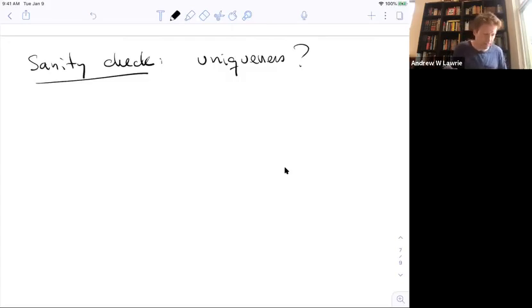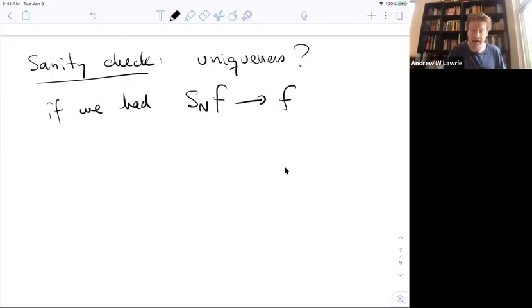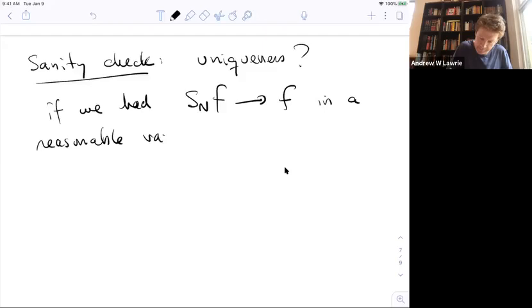So the theorem. What do I want to say? If we had S_N and F tending pointwise to F, in a reasonable sense, so again, forgive me for being a little vague here.